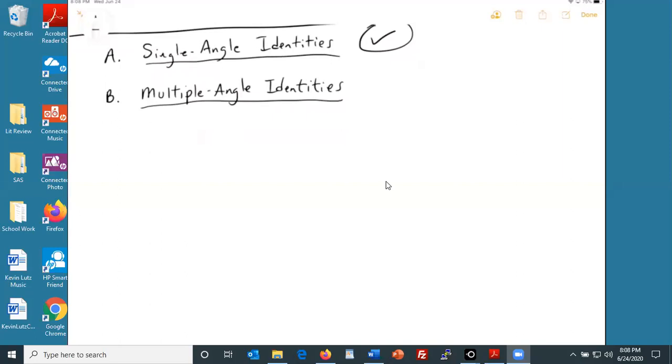Now, when you get to probably Calculus 2 and Calculus 3, for those that actually will go on that far, this is more of a concept for Calc 2 and Calc 3. One of the things that you'll be doing there is working with expressions that have more than one variable. In calculus, one of the techniques you use to simplify multiple variables is to separate those variables apart from one another.